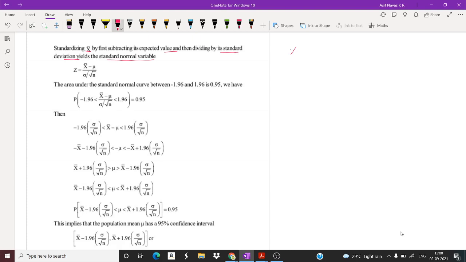So we know that x bar follows normal mu, sigma by root n. Then z equals x bar minus mu by sigma by root n follows normal 0, 1, that is standard normal. Now look at this: the area under the standard normal curve from minus 1.96 to 1.96 is 95%.